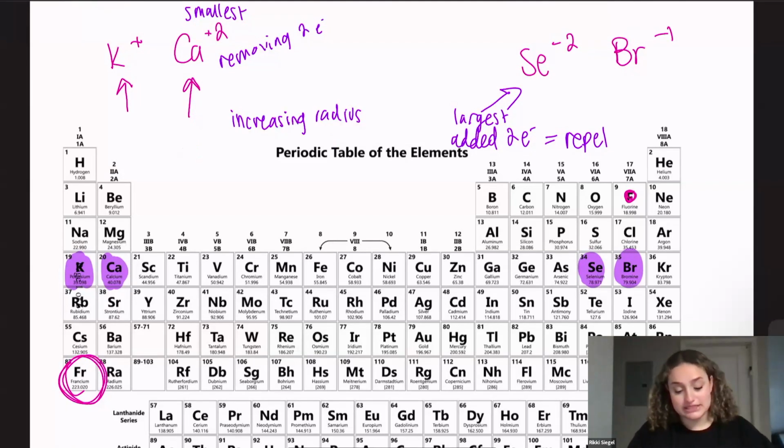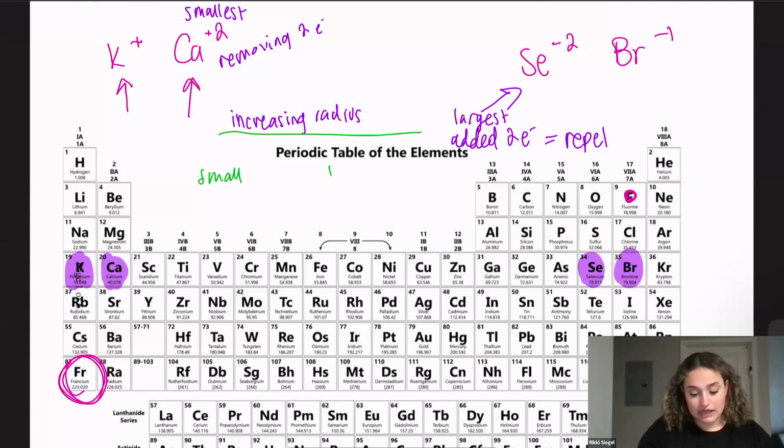Ranking in order of increasing radius. Increasing. So we are starting small and we are getting to the biggest. Now, if we were just ranking these plain old atoms, nothing special going on, the absolute smallest would be bromine, then it would be selenium, and then it would be calcium, and then it would be potassium.